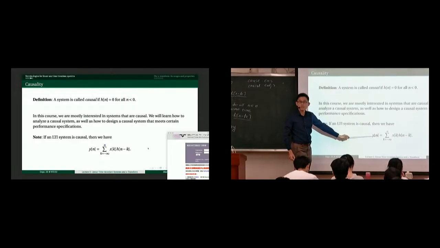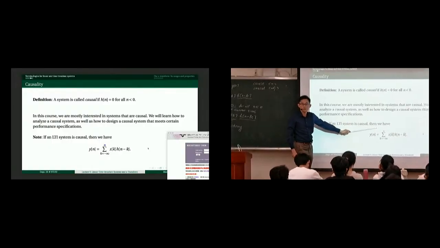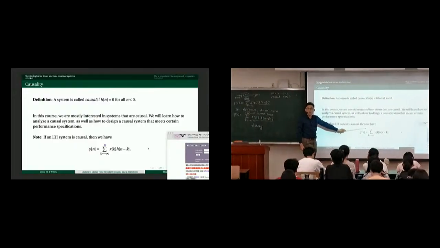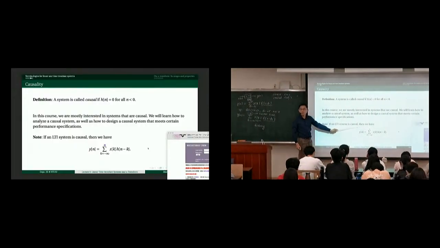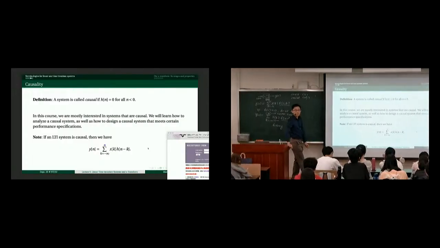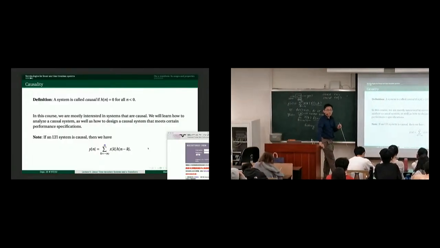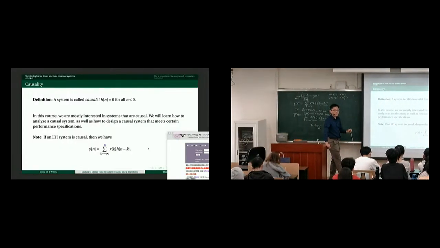When the system is causal, we don't need to consider future input, because the current output is not going to depend on the future. This is deep, because our current state never depends upon the future; the future hasn't happened. That's the philosophy behind this definition, and that's why we only care about these kinds of systems.